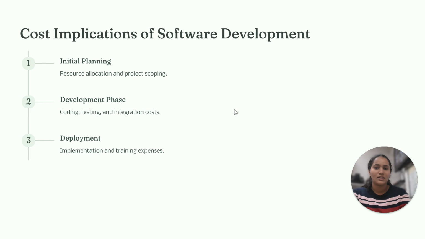Third, COCOMO model, that is constructive cost model, a model which is used to estimate the effort and resources based on project size and complexity. Fourth, PERT, that is program evaluation review technique. It uses probability to estimate time and resources by identifying optimistic, pessimistic, and most likely timelines.